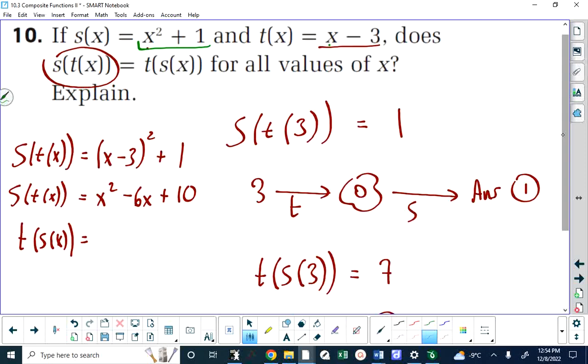I have to put S of x in for x in t of x. And I'm going to get x squared plus 1. That's just gone right here. X squared plus 1, and then minus 3. And that means that t of S of x is equal to x squared minus 3. And now we've demonstrated that it's just not the case that it's always true.